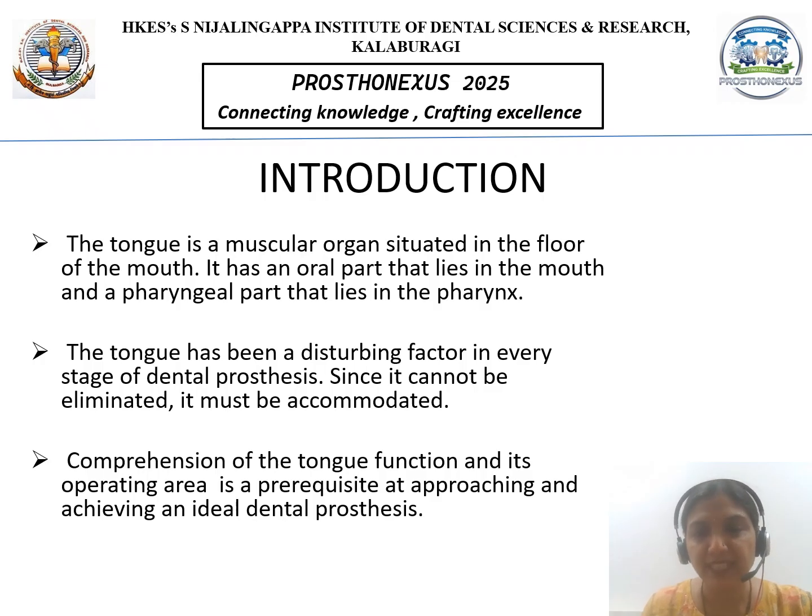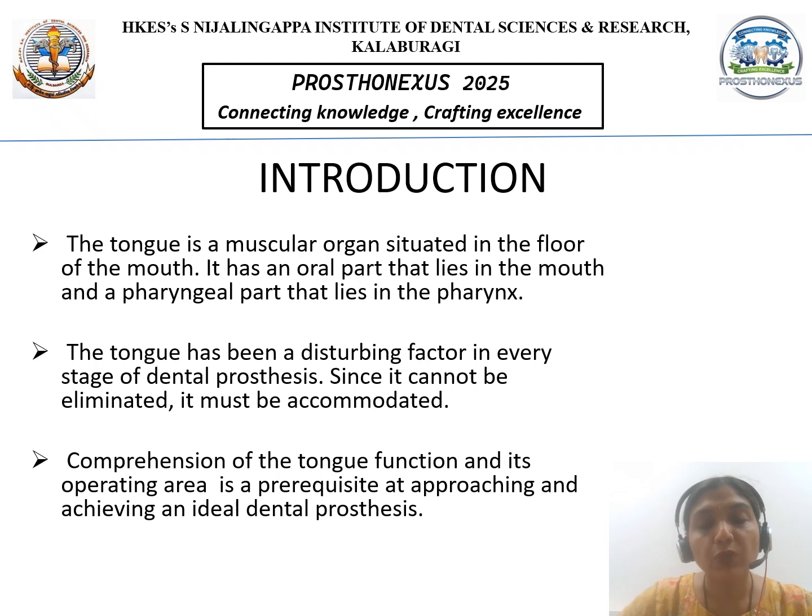This particular statement, that the tongue cannot be eliminated, so it must be accommodated, I love this statement. Why? Because this particular organ, the tongue, is such a small tiny organ which is movable inside the oral cavity, but imagine the amount of trauma, the amount of tension it gives to us from the case history recording till our final dental prosthesis fitting.